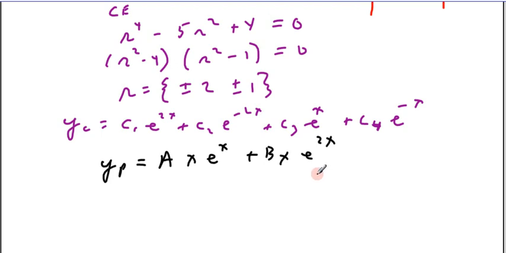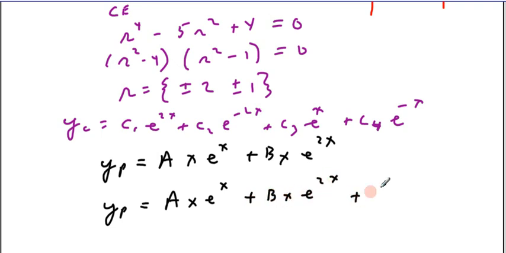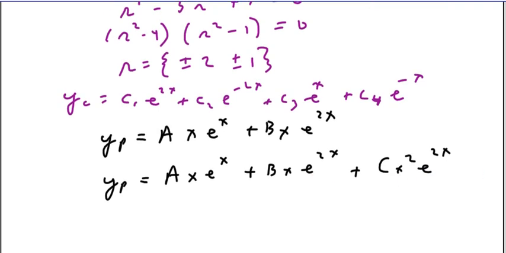So then you'd say the a guy would solve, but the b guy wouldn't solve. So your second attempt should be y sub p equals ax e to the x plus bx e to the 2x plus c x squared e to the 2x, because I couldn't make the bx guy work. I have to throw in an x squared guy.